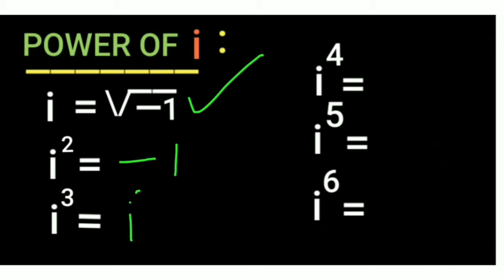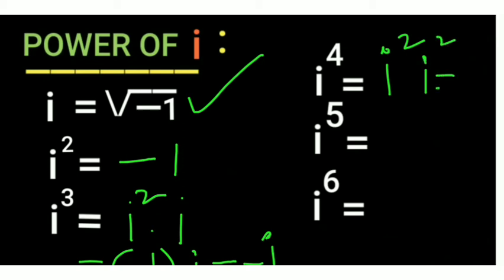We can write i cube as i square into i. i square means minus 1, into i, so we get minus i. i cube is nothing but minus i. What about i to the 4? We can split it as i square into i square. i square means minus 1 into minus 1, so we get plus 1.